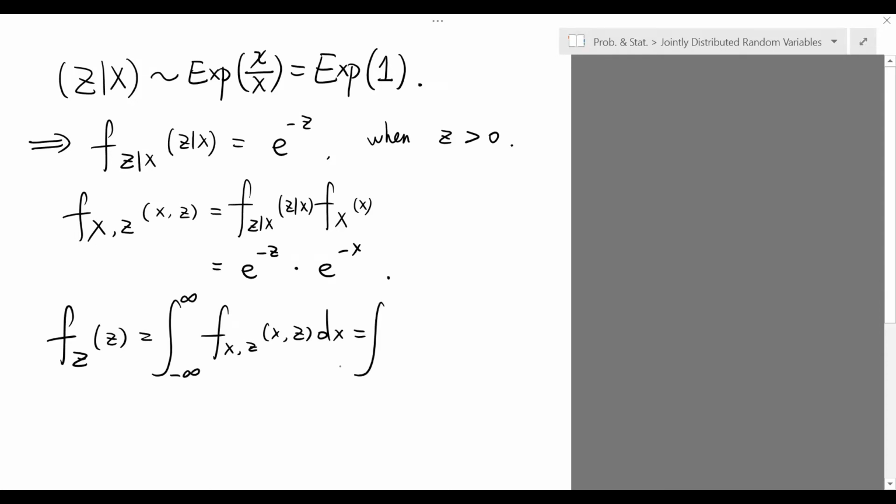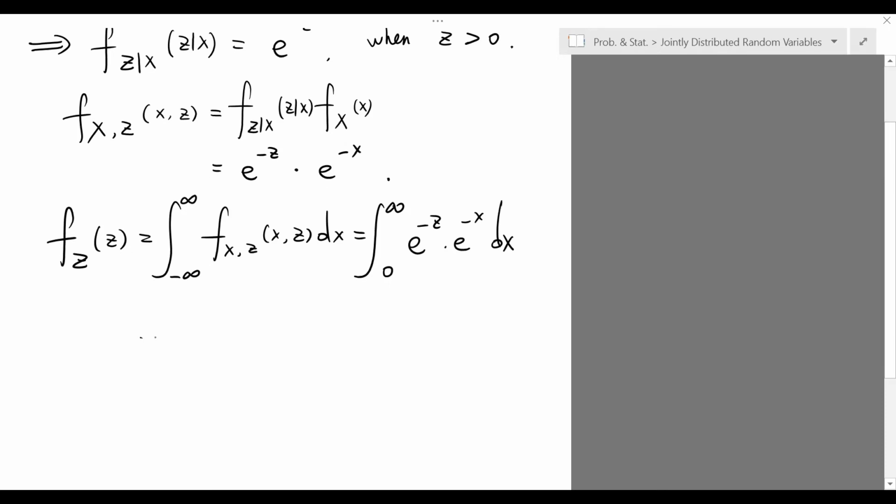Since this function is only non-zero when x is a positive number, we just need to integrate this function from 0 to infinity. And through computation, the final outcome is just e to the negative z. And this is our answer for part B.